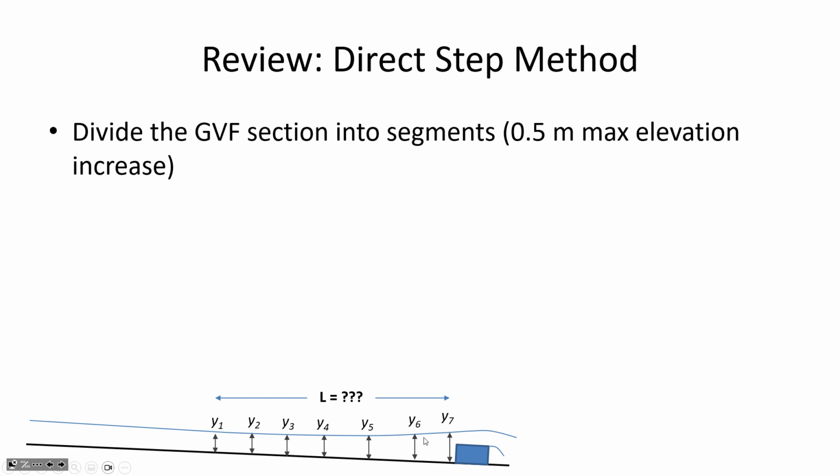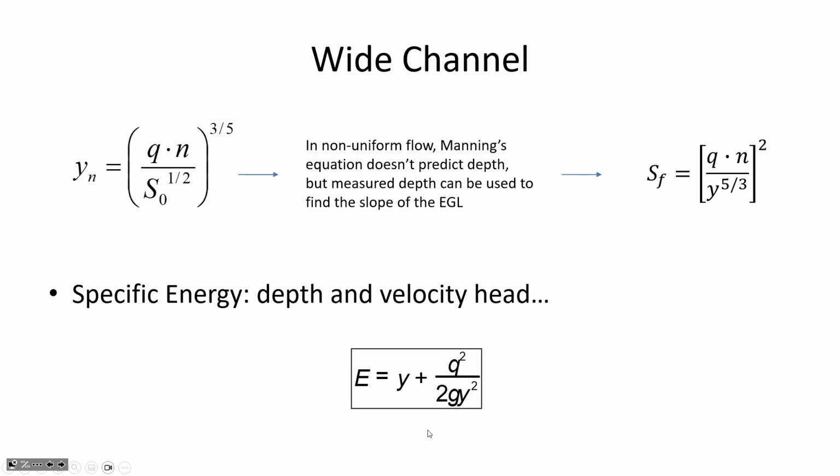So we're trying to find out what's the slope of the energy grade line at the midpoint. And sometimes if we've got a wide channel, it becomes even easier to do that with this simplification of how you're solving for slope. So I just wanted to point out that application of the wide channel assumption.